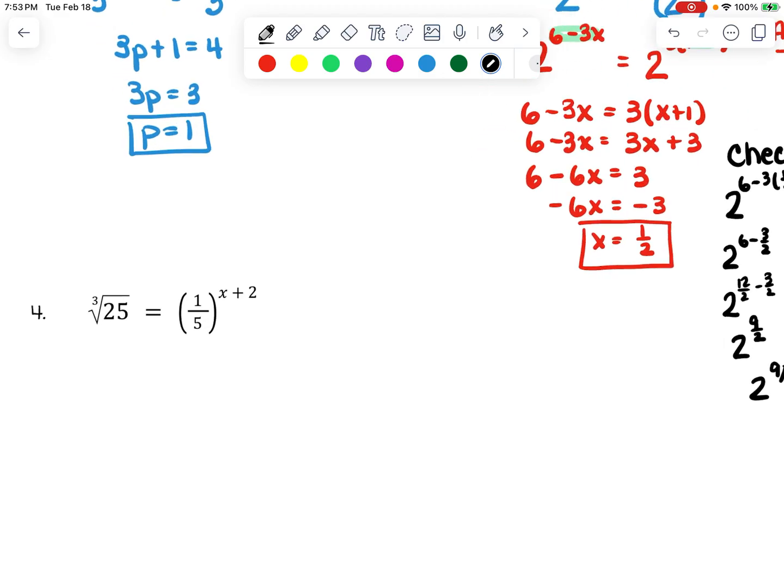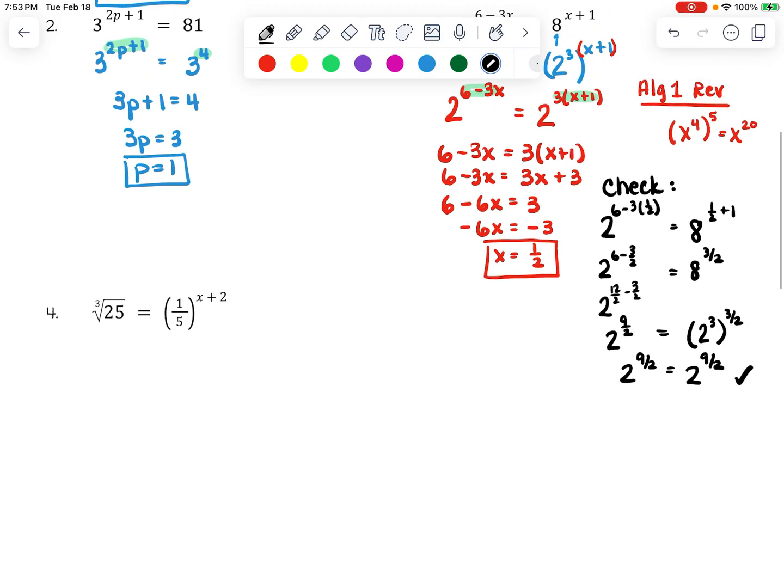So this is not necessarily ideal because now I've got some fractions in here, but I know I've got something to do with 5. So what I might do is first of all, change this. This ends up being the cube root of 5 squared is equal to 1/5 to the x plus 2. Okay.